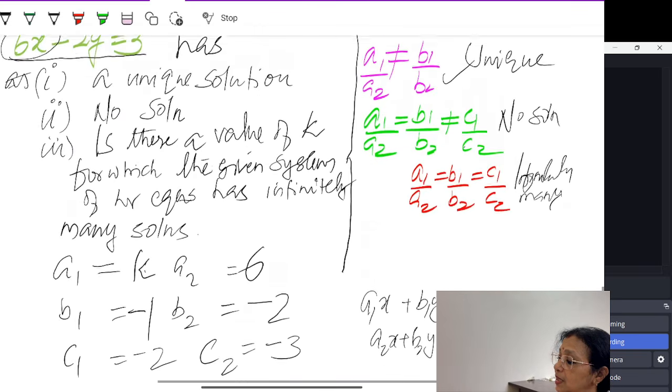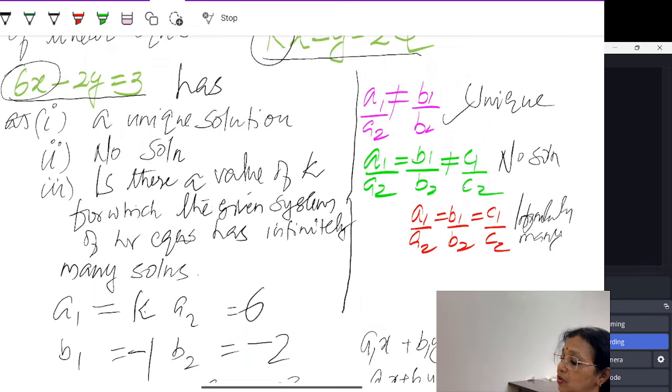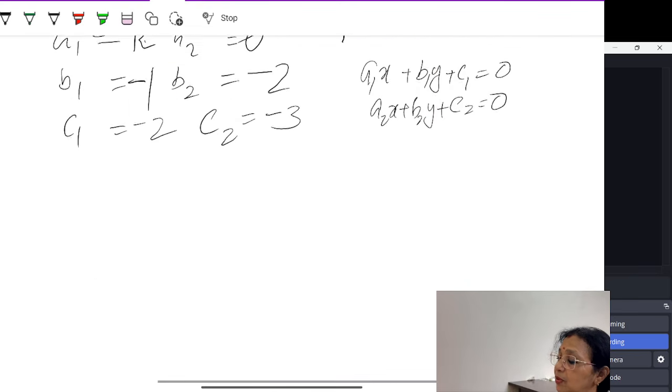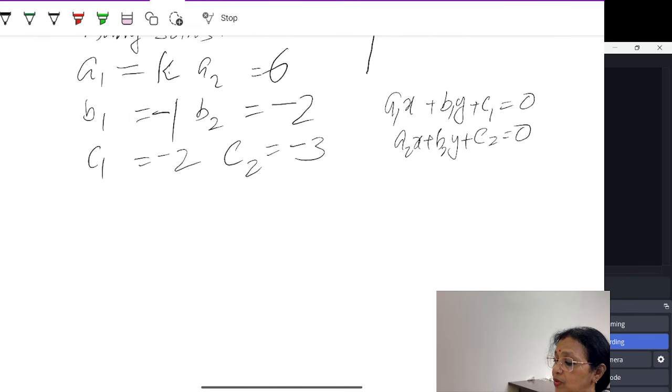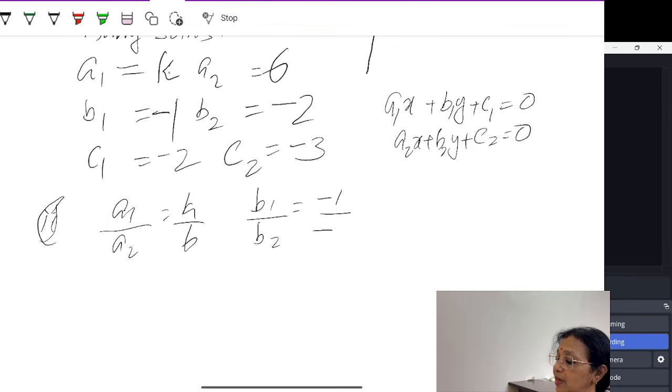Now for a unique solution, a1 by a2 not equal to b1 by b2. So a1 by a2 is equal to k by 6, and b1 by b2 is equal to minus 1 by minus 2, that is 1 by 2.